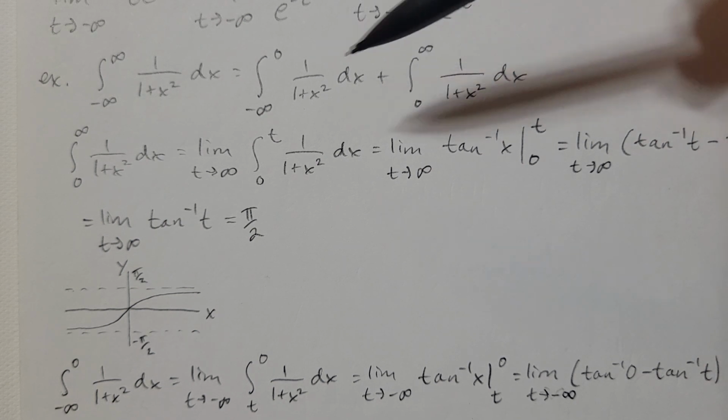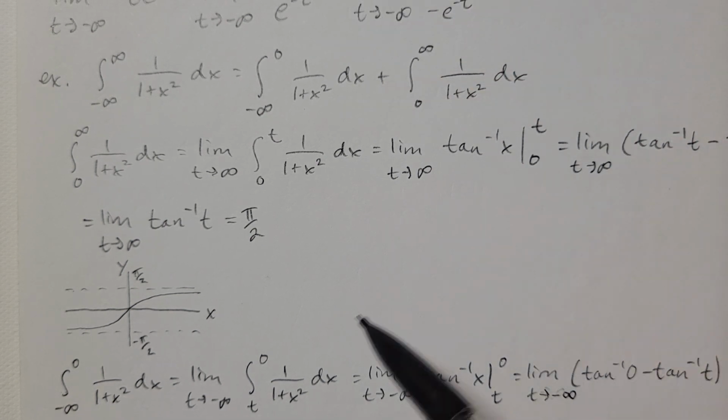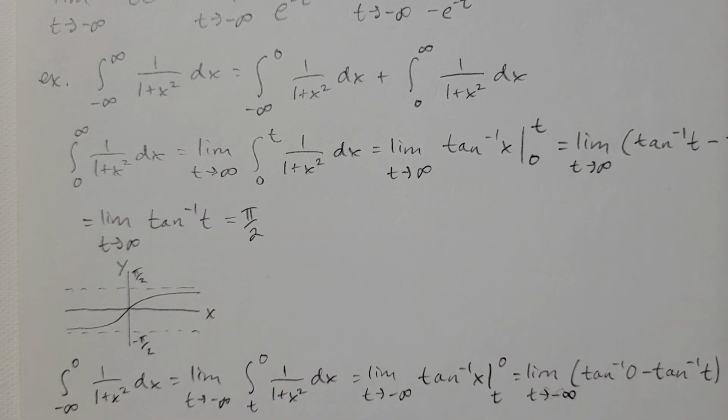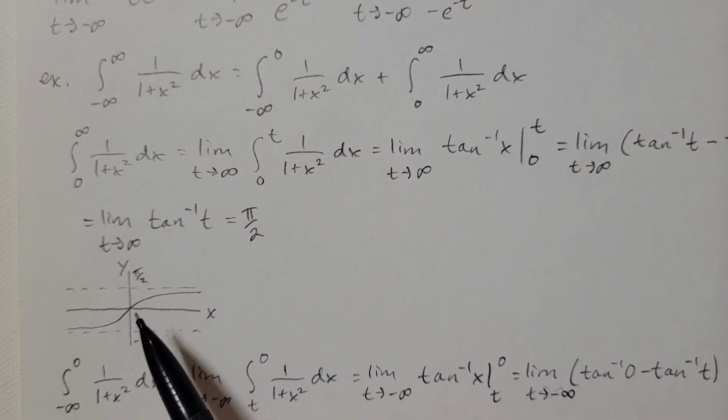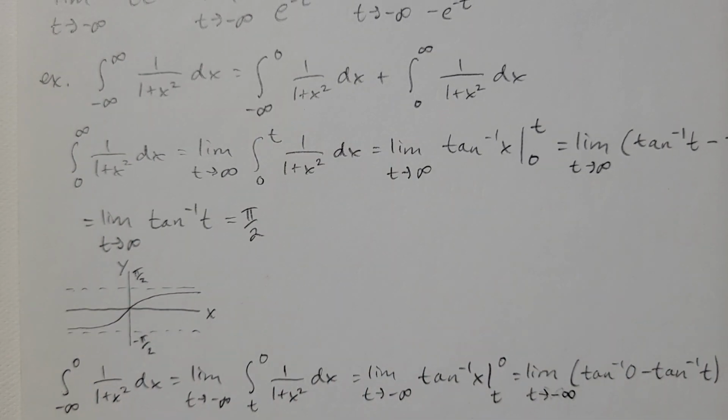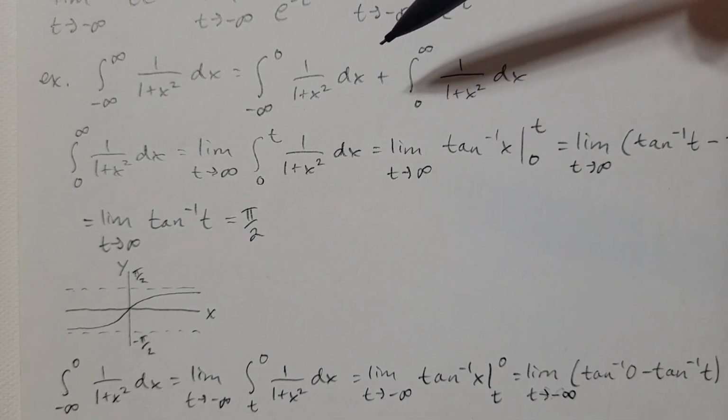I selected 0 because the antiderivative of 1 divided by 1 plus x squared is tangent inverse of x, and tangent inverse of 0 is 0. So it's most convenient for me to split this at 0 rather than some other spot, although I can split it at some other spot if I want to. The point is that I have to split the integral.